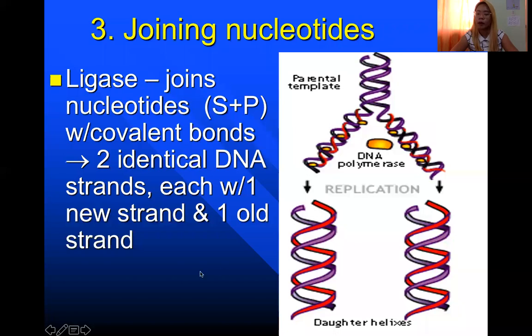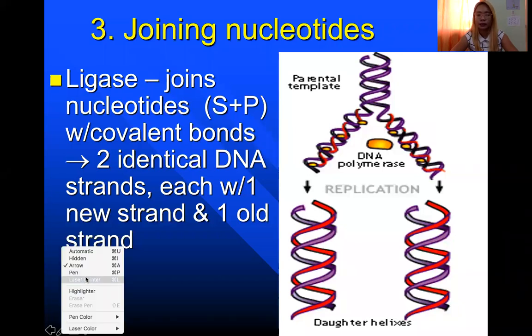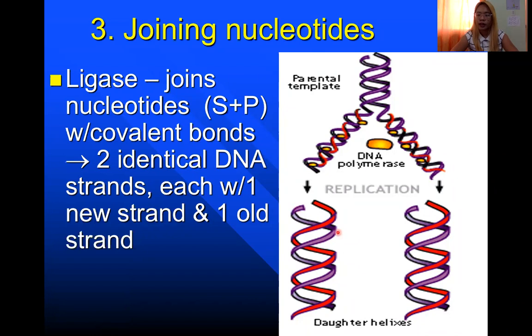So itong purple here is the old strand. Okay? And then dinagdagan siya ng nitrogenous bases, dinagdagan siya ng sugar and phosphate. Ito yung kulay red. This is what we call as the new strand. On the other side, ganun din. Yung isang strand niya is an old one na dinagdagan ng nitrogenous bases, dinagdagan ng sugar and phosphate.